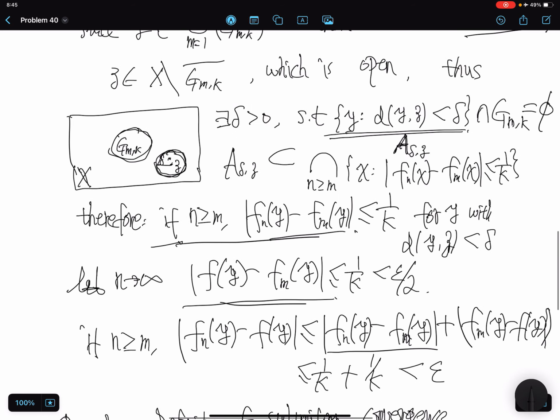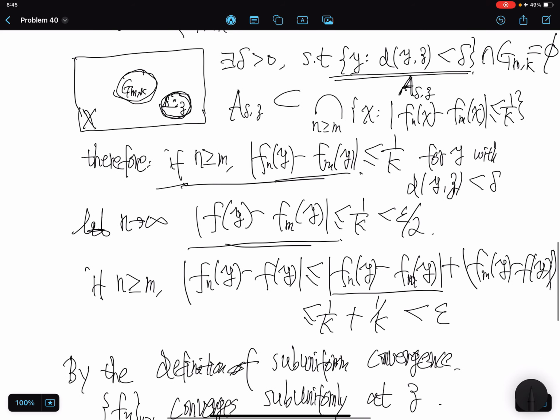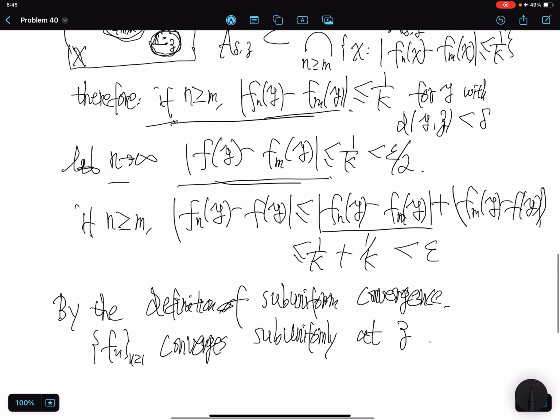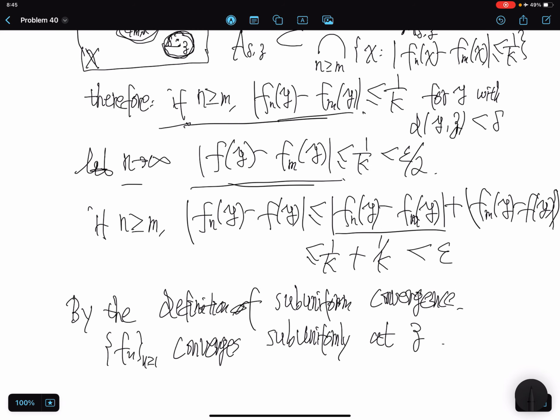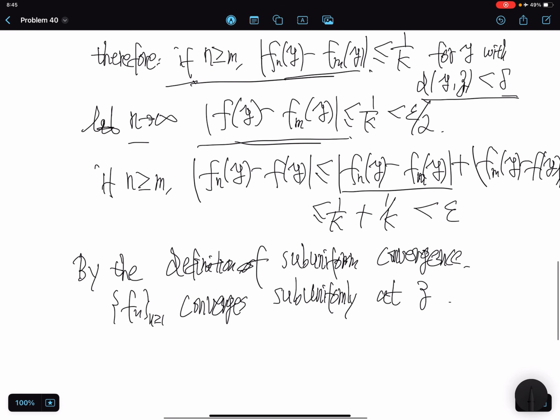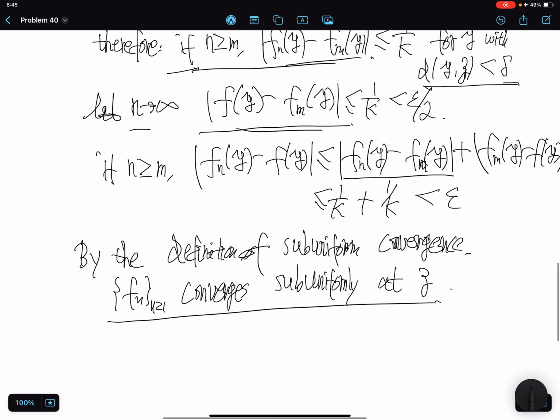So when we have this delta and then have m, for any y for which the distance of y and z is less than delta, |f_n(y) - f(y)|, the absolute value, is less than epsilon.